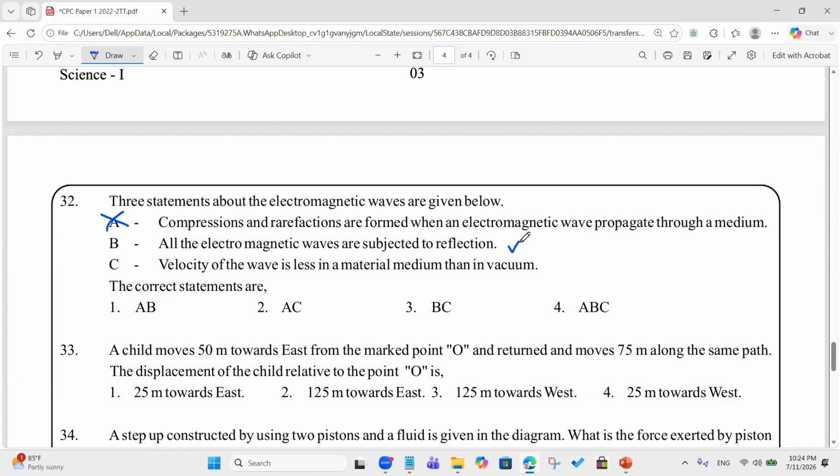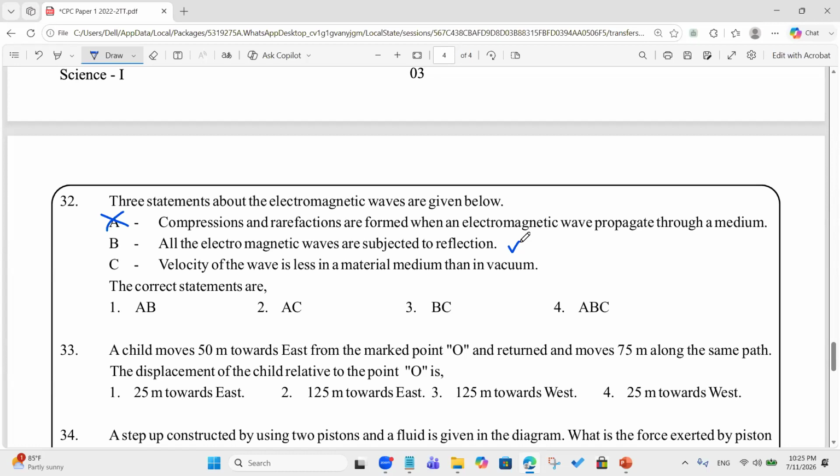But I have a doubt about gamma waves. Gamma waves are very fast, so most probably they are also reflected. But it doesn't matter. If you know definitely one is wrong, the answer should be B and C. But anyway, we'll check C.